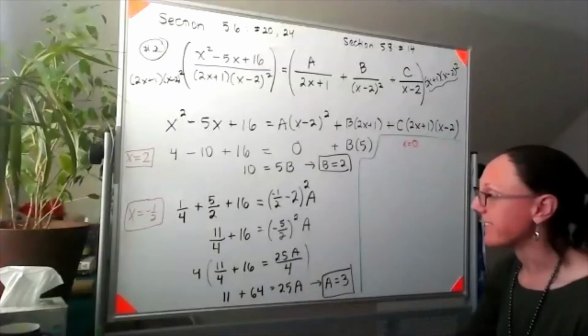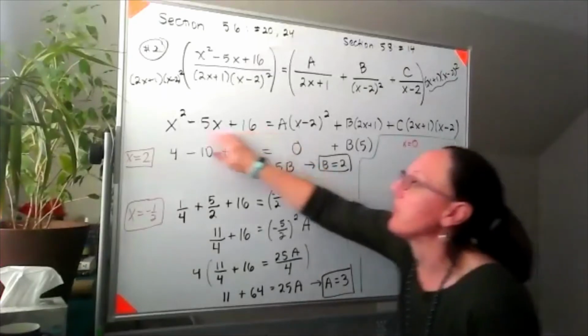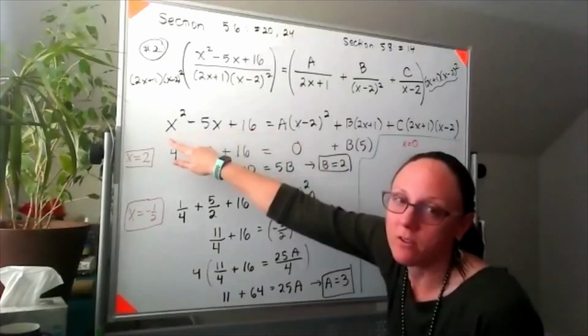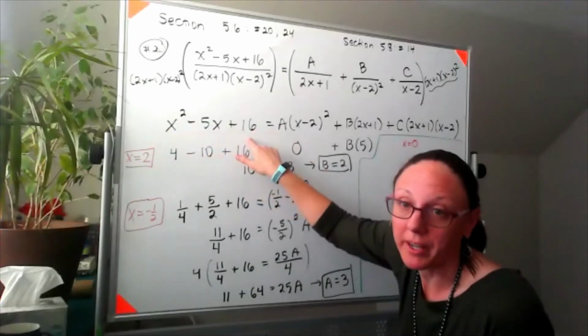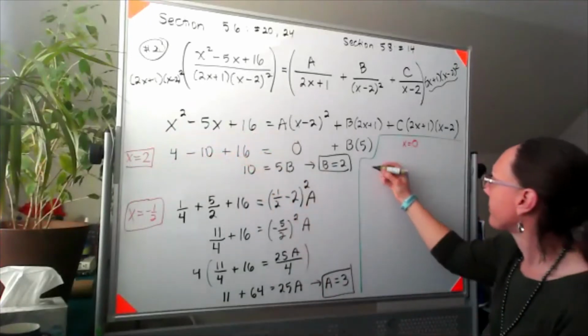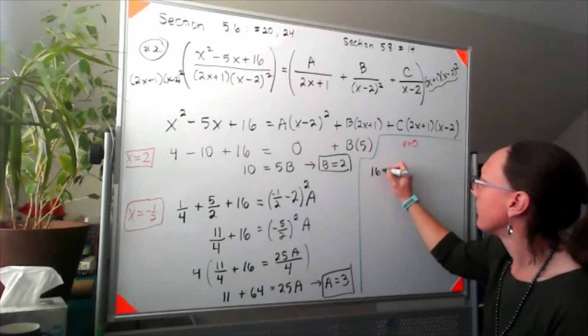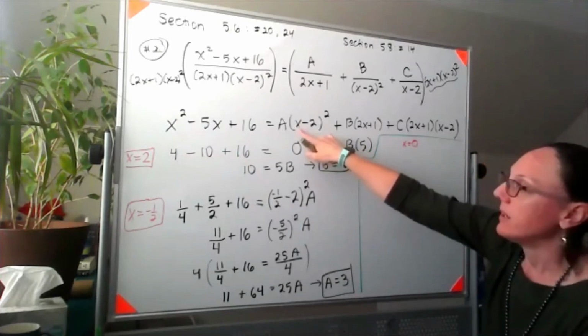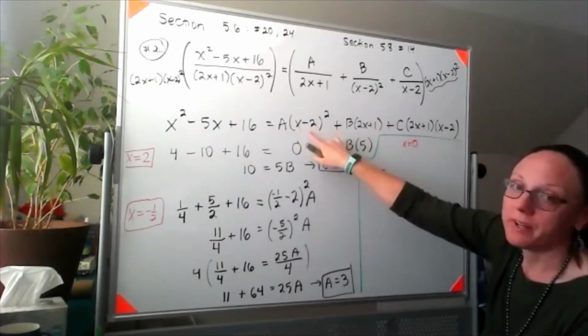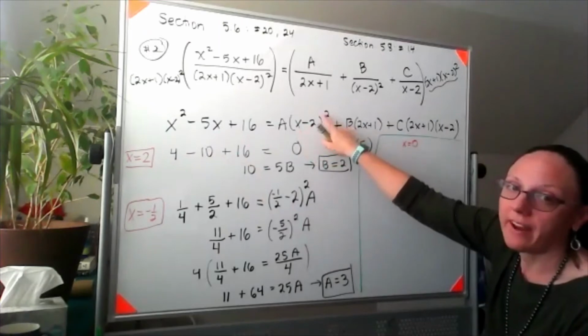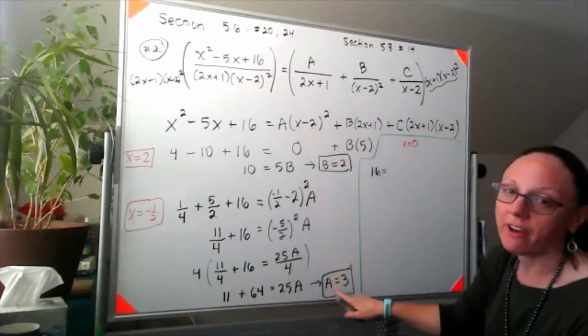If I plug in 0 for x, then on the left-hand side, 0 squared minus 5 times 0, I'm going to have 16. Zero minus 2 would be negative 2. Squaring that, I'm at 4, and we already know the value of a is 3.